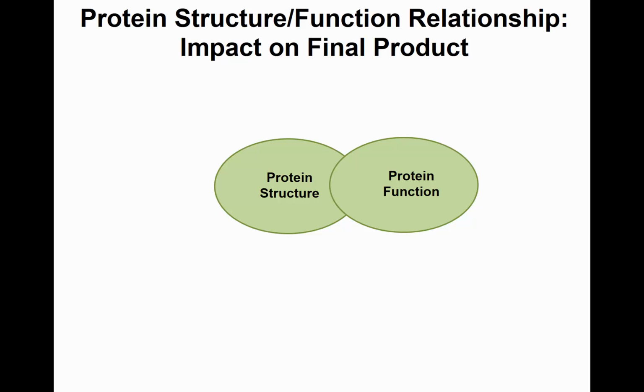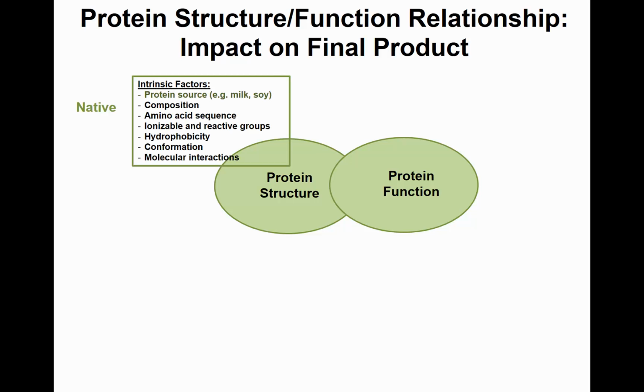This is a slide that's going to summarize the entire class. How do we relate protein structure to function? And how would that structure-function relationship impact a food product? So we have protein structure and we have protein function. We're going to talk about factors that impact protein structure.